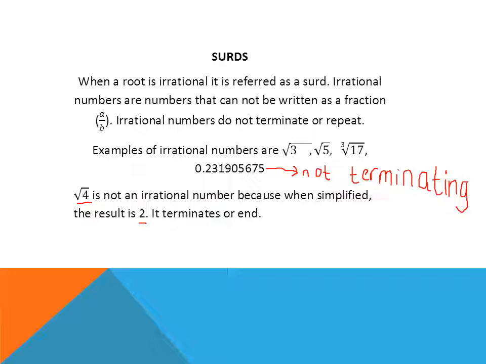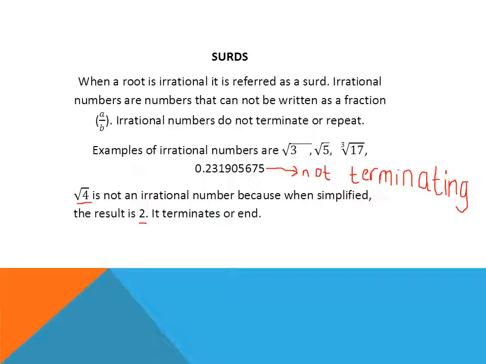We see these numbers that come after the decimal point do not repeat or terminate. When we do the same for the square root of 3, the square root of 5, the cube root of 17, using our calculator, we will see that these numbers do not terminate or end.